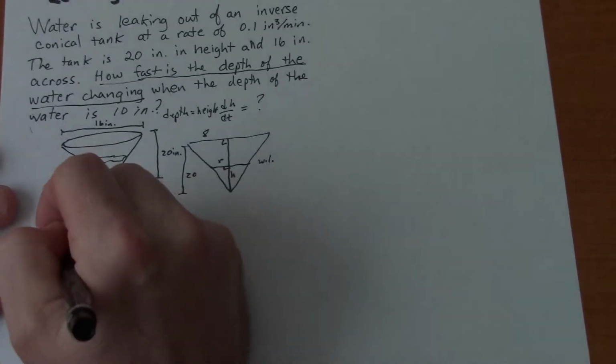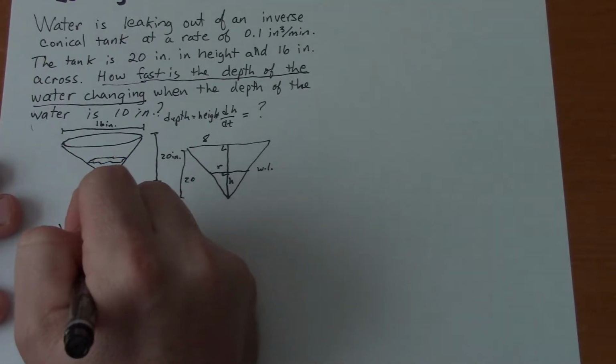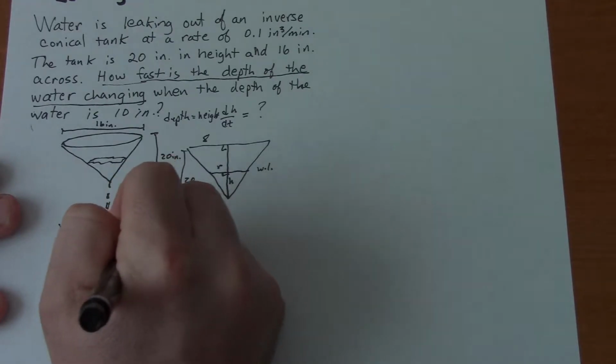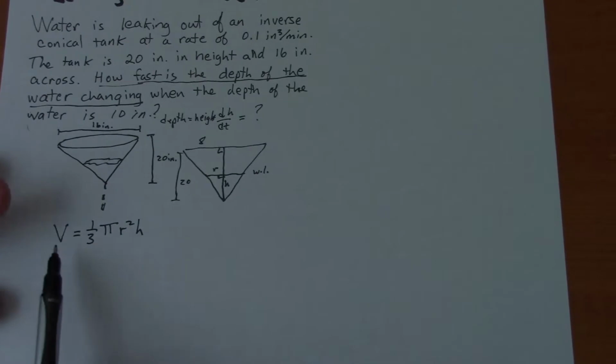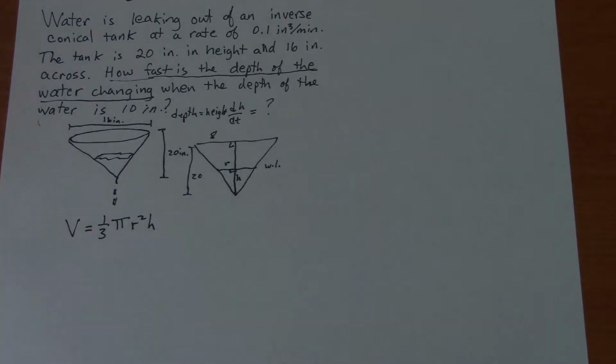Okay, so we know the basic formula for the volume of a cone is V = 1/3 π r² h. The idea here is we're going to take a derivative of this. But we know a couple of things.